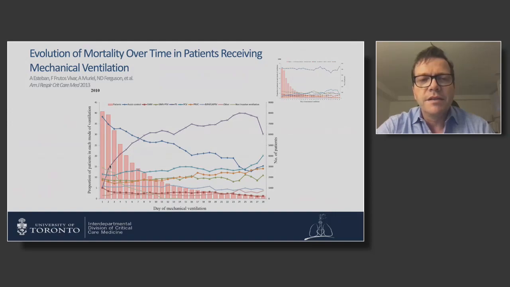And its use increases each day. And by the second week, it's the most commonly employed mode of ventilation. And that's a big change from 10 or 15 years earlier, which I have just up here, where this all, across every day of up to day 28, was all volume cycled assist control ventilation all the time. Every other mode was just jumbled down in here. So we're seeing more and more spontaneous breathing being used.